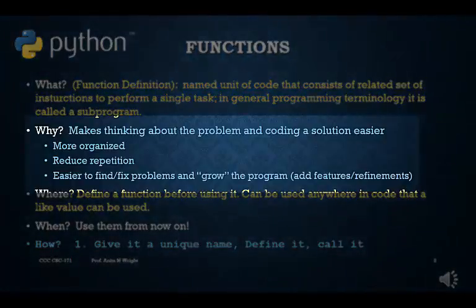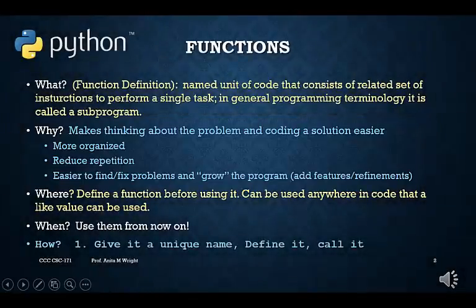Why should we use functions? Well, it makes thinking about the problem and coding a solution easier. We can better organize our solutions. We can reduce repetition of code. And it's easier to find and fix problems and grow the program by adding features and refinements when we use functions in our program.